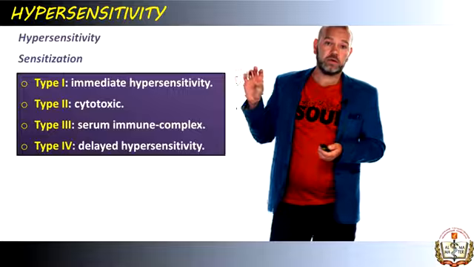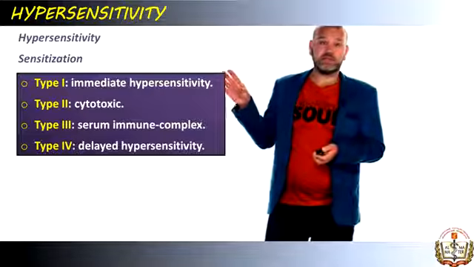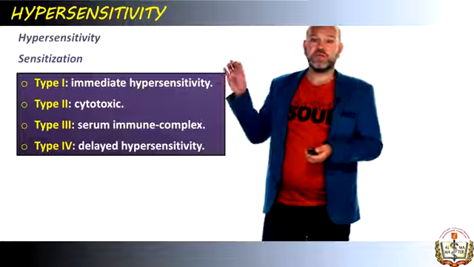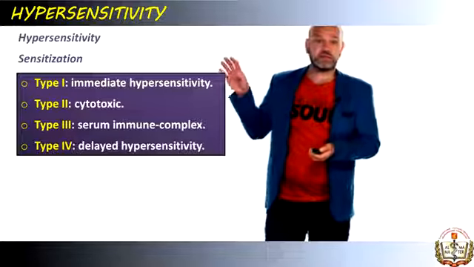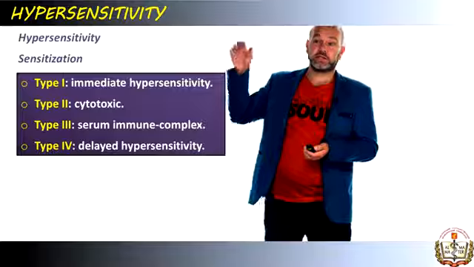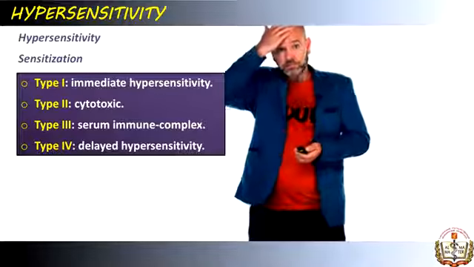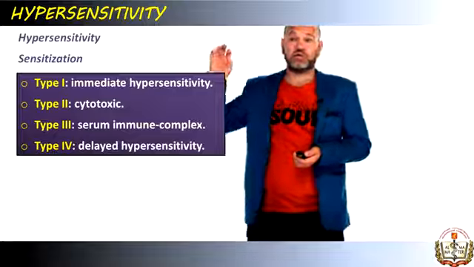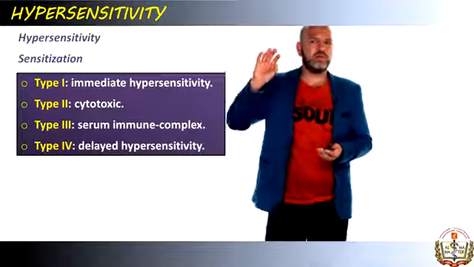But type 1, immediate hypersensitivity. It is IgE-mediated release of histamine and other mediators from mast cells and basophils. Again, the main example here is anaphylaxis, anaphylactic shock. That type of immune response you mainly know very well.